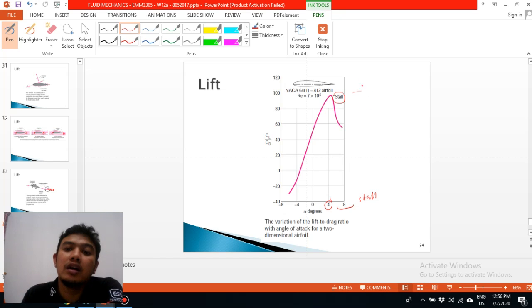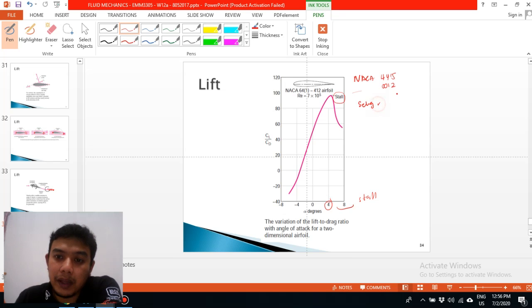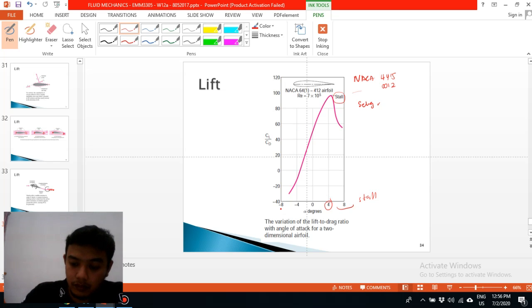That's why research keeps on improving the airfoil shape. For example, we have a lot of NACA series, NACA 4415, NACA 0012. We also have, for example, the S foil, so a lot of airfoil patterns, to keep on improving the performance of the wing.